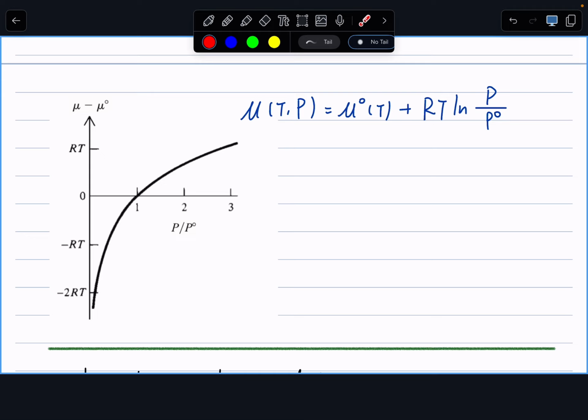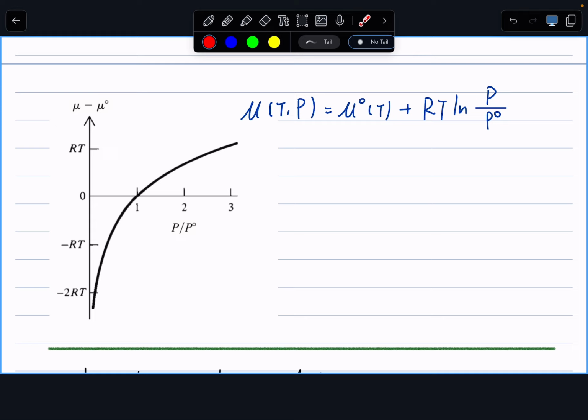On the x-axis, that's P over P naught. So this plot is a logarithm function. My R is always positive, it's a constant. My T is always a positive number. So this is the typical logarithm function.